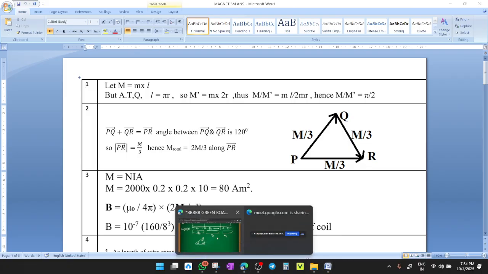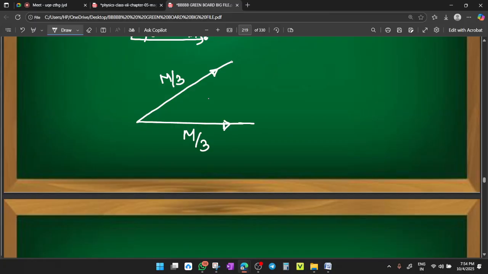See here, by the vector law, by the triangle law of vector sum, you have first this one magnetic moment and second this one magnetic moment. M by 3 and here M by 3. Clear? So the resultant magnetic moment will lie on the closing side of this triangle.